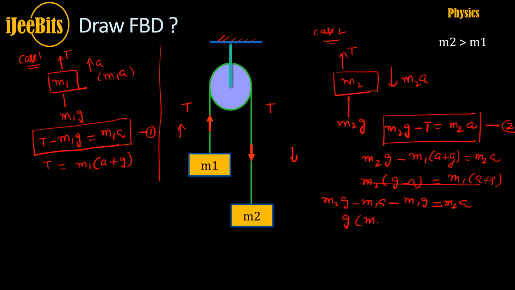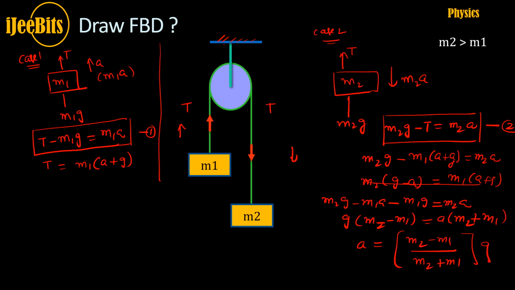What happens? M2 minus M1, whereas here A common, M2, if you move it to the right side, minus becomes plus, so this is plus M1. So acceleration A is nothing but M2 minus M1 by M2 plus M1, into G. Sometimes you will get problems like this.